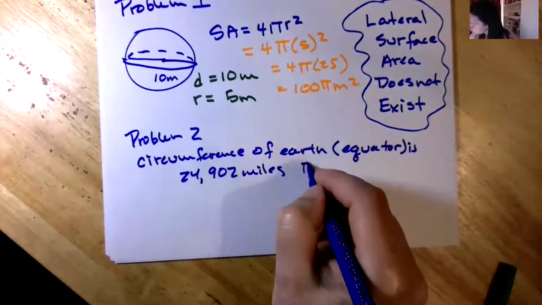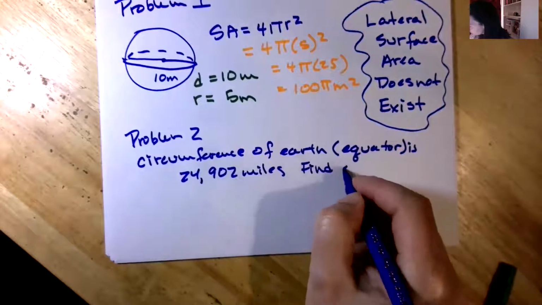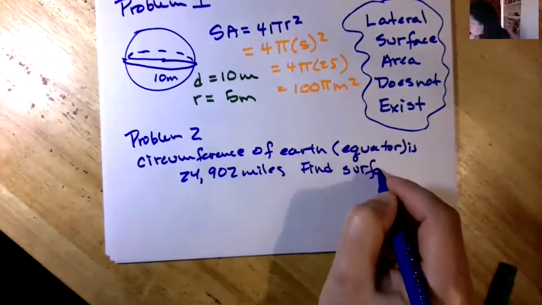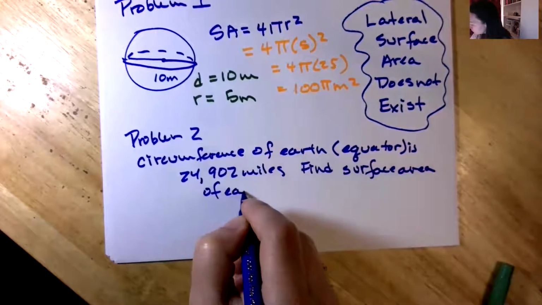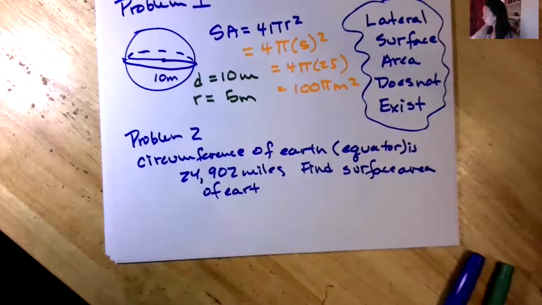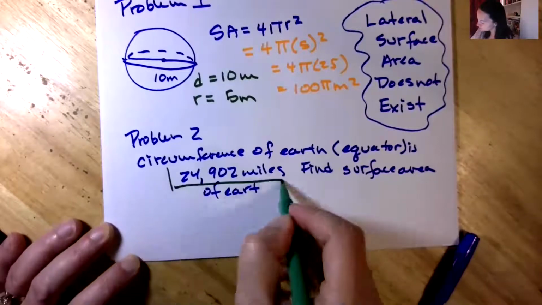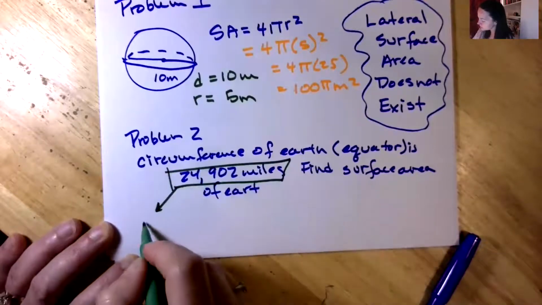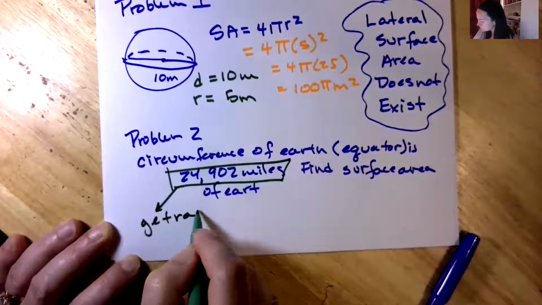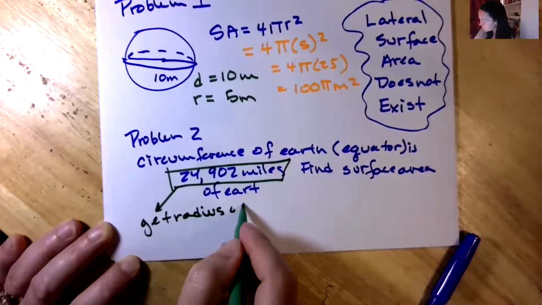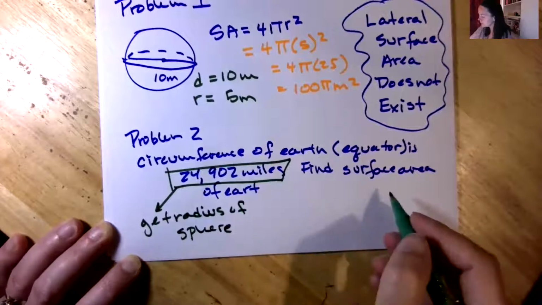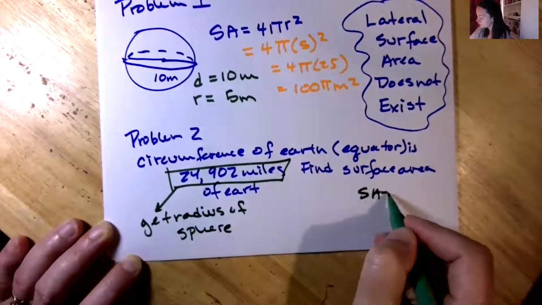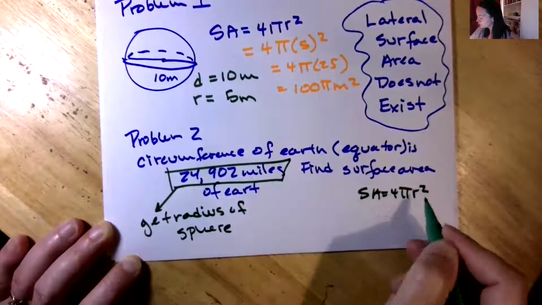So find the surface area of the Earth. From this, we can get the radius of the sphere. And once we have the radius of the sphere, we can plug that into surface area equals 4 pi r squared.